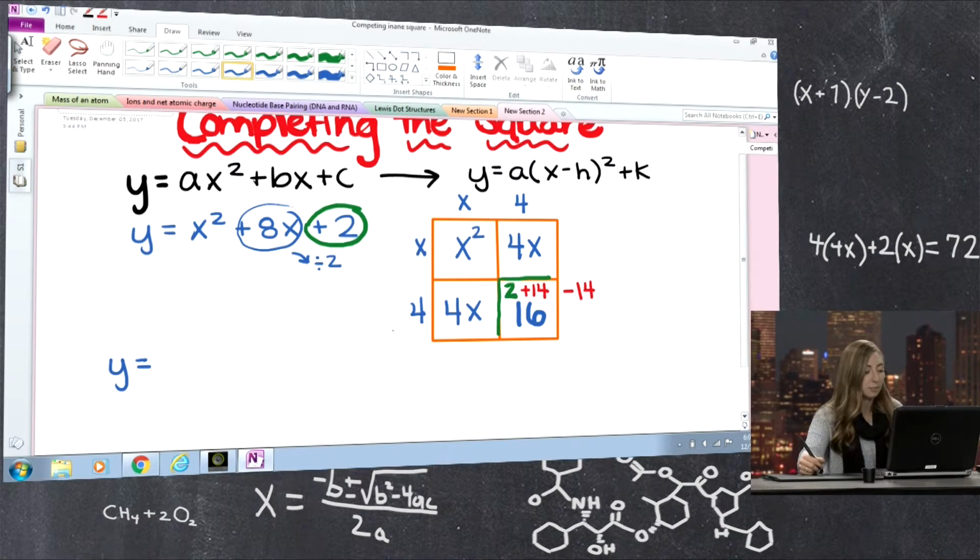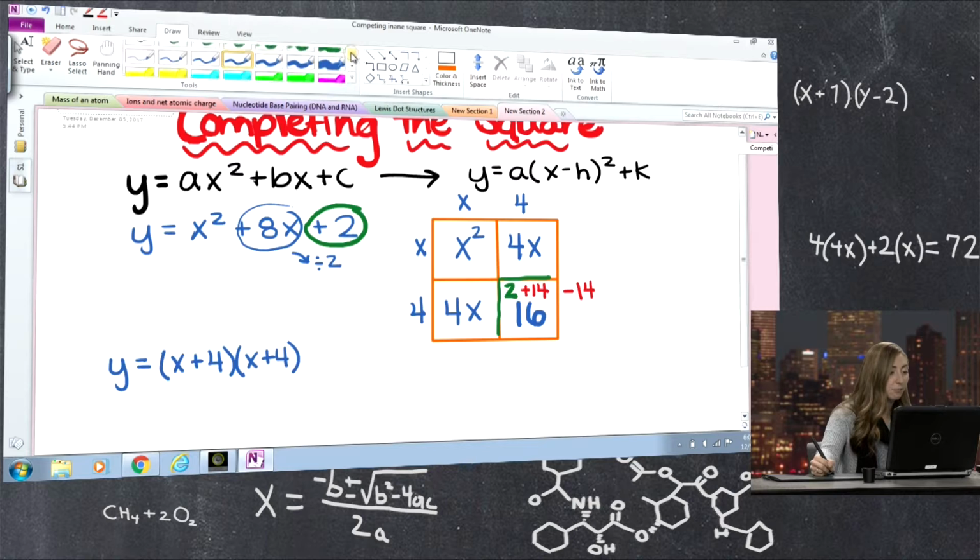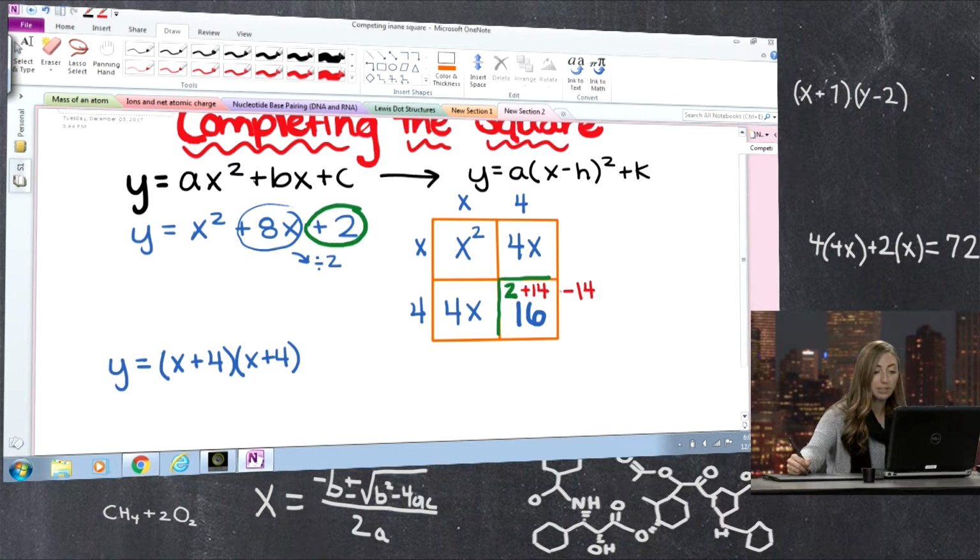This, again, is in the Xbox factoring video if this doesn't make sense to you, but I can call it the length times the width, which is now x plus 4 times x plus 4. But we also need to not forget that I subtracted 14. So minus 14 here at the end.